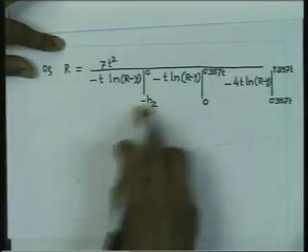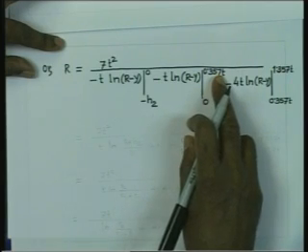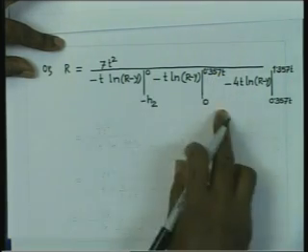In fact, these two can be combined. We can write really that this 0, they will cancel out.